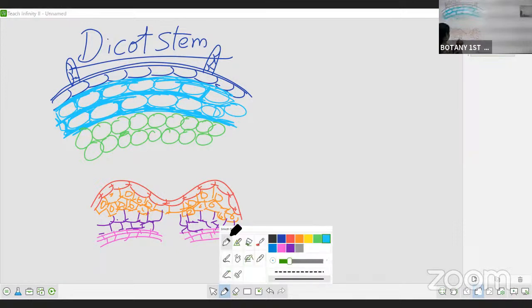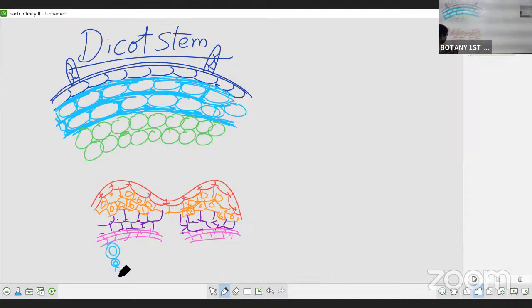Now here xylem will be present. Metaxylem and the protoxylem. Metaxylem, the size needs to be decreased so that we can draw the protoxylem very clearly.